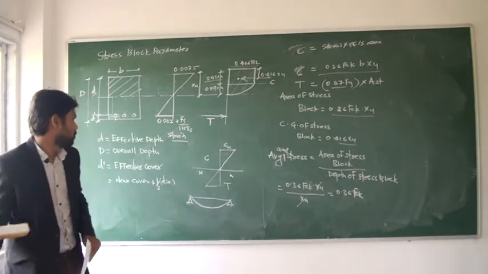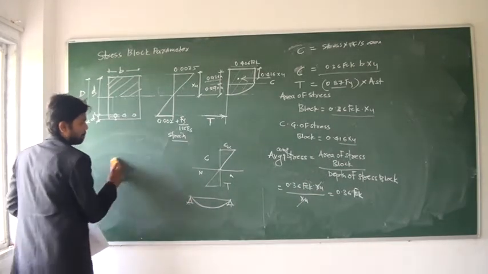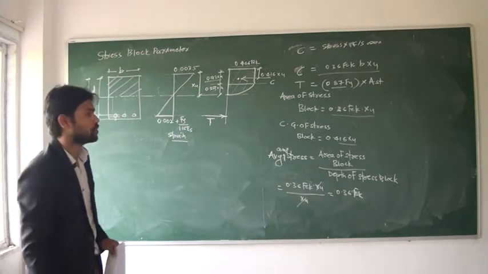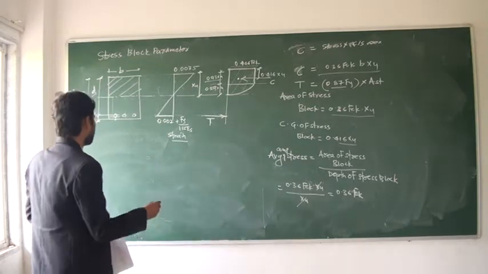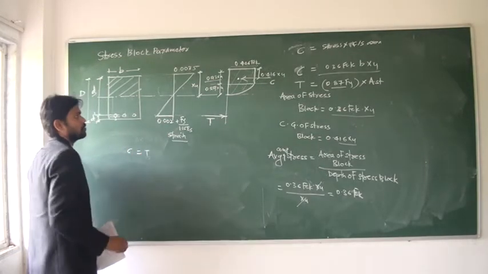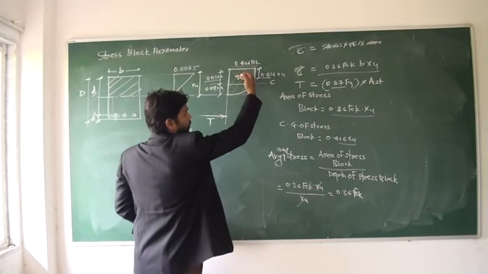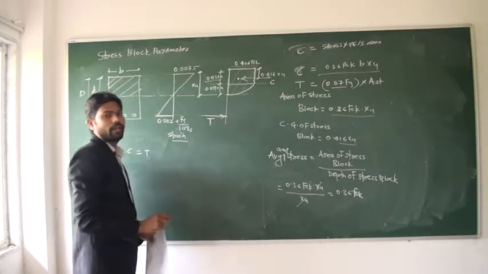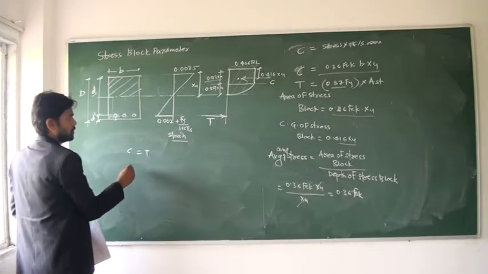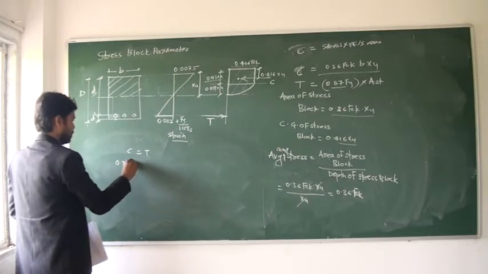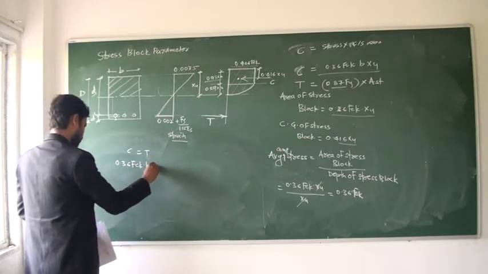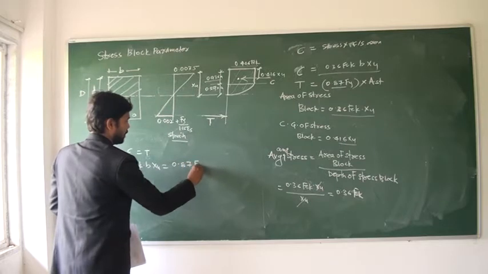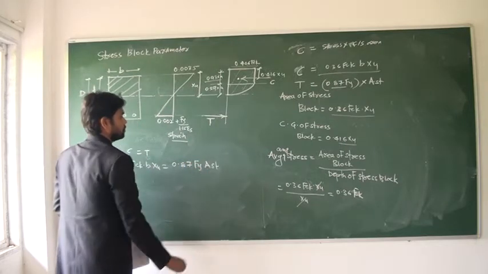Now, for this section to be in equilibrium, the compression should be equal to the tension. This compression is at the top of the neutral axis and this tension at the bottom of the neutral axis. Both values should be equal and opposite. So C is 0.36 FCK B into XU and T is 0.87 Fy into AST.